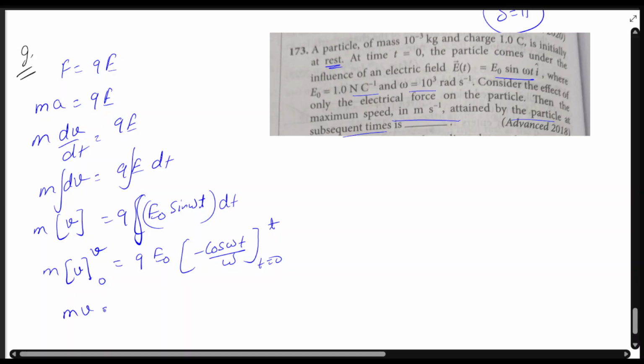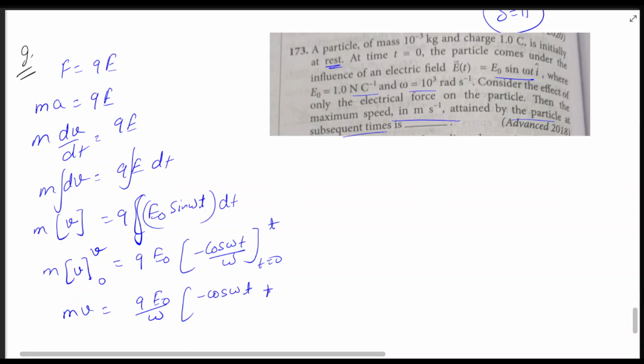So we will have mv equals q E naught upon omega, times minus cos omega t plus cos 0. Cos 0 is 1. So we will have mv equals q E naught, and m we can divide, upon m omega, 1 minus cos omega t.